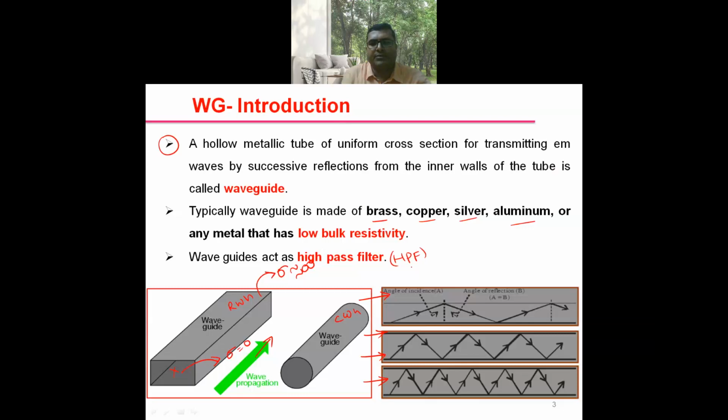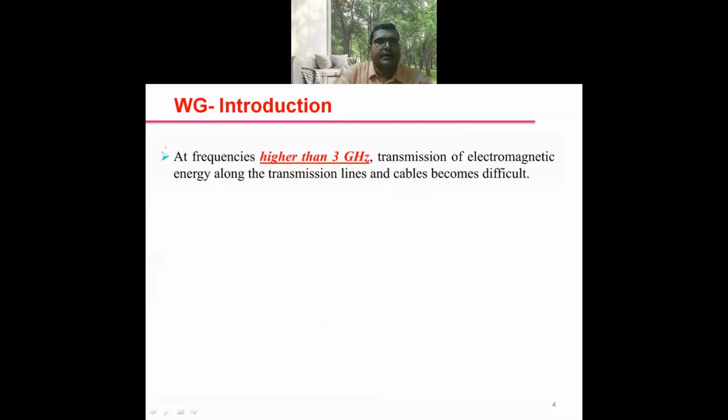Transmission lines are used to guide electromagnetic waves at low frequencies. At frequencies higher than 3 GHz, the transmission of electromagnetic energy along transmission lines and cables becomes difficult.